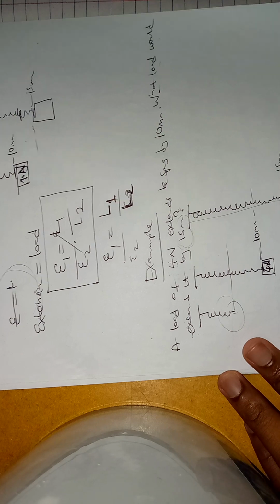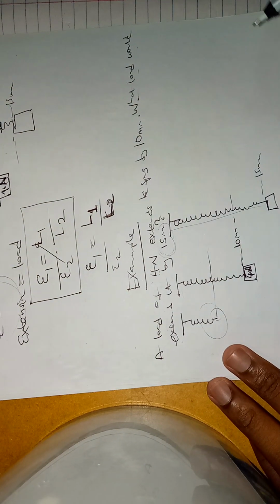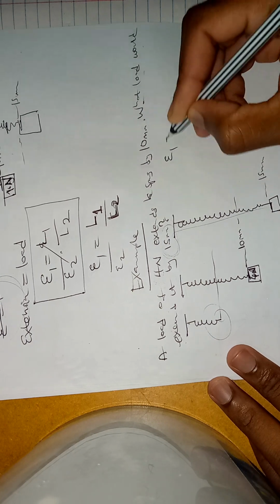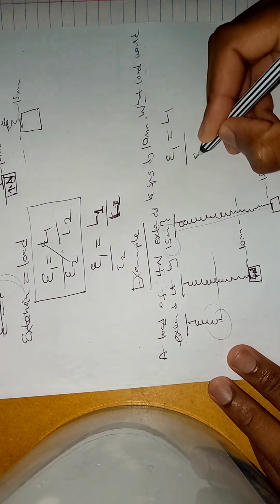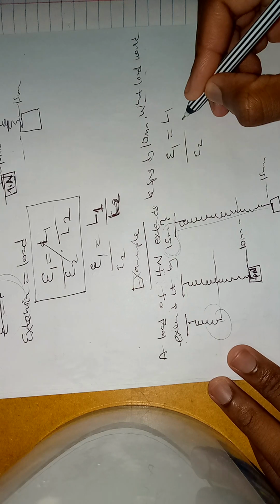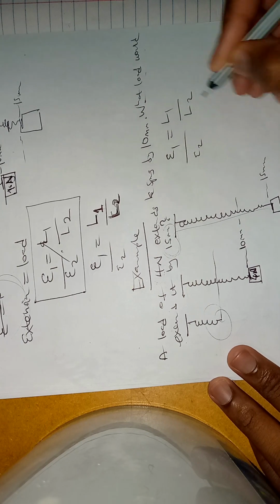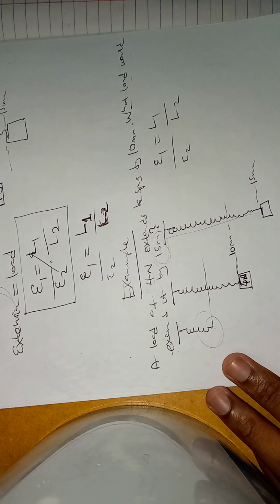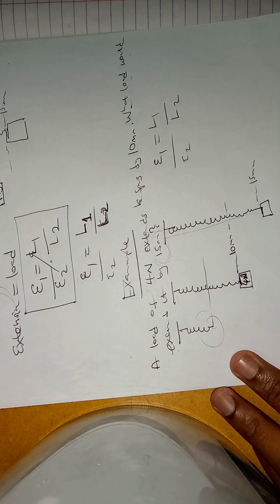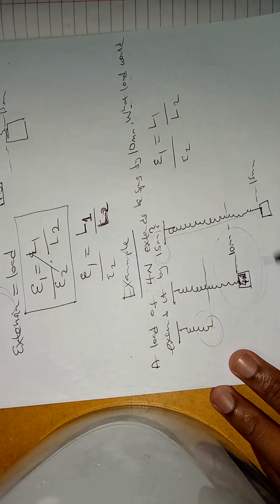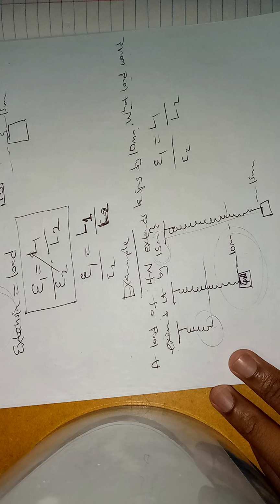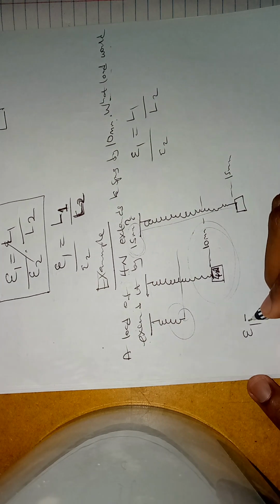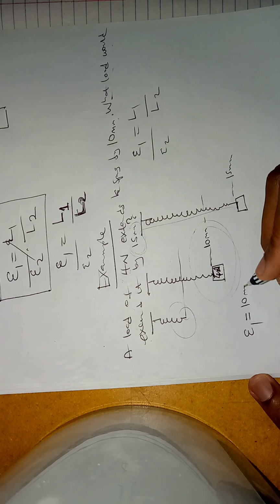So what formula are we going to use? We're going to use the same formula here. Extension 1 over load 1 is equal to extension 2 over load 2. So we have to identify which one is extension 1 and which one is load 1. Extension 1 is 10 millimeter.